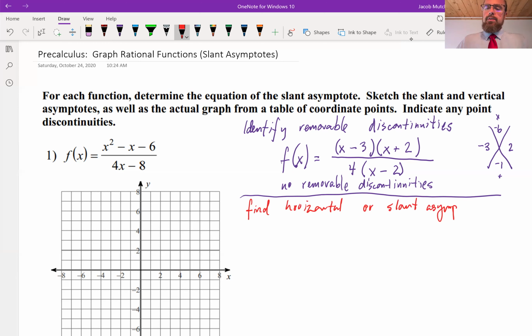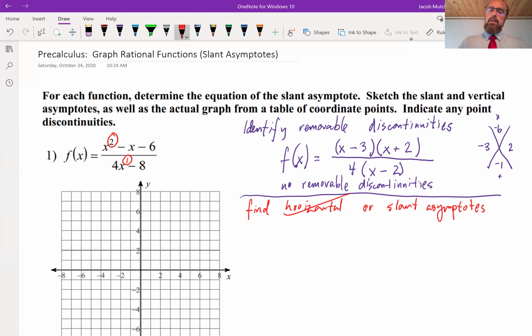As I look here at the high powers, my highest power in the numerator is the square, the power of 2. When I then look at the denominator, there's only one occurrence of x. It doesn't have a power listed, so I'll supply the power of 1. When I compare those high powers, I see that the higher of the two is in the numerator. If that's the case, I do not have a horizontal asymptote.